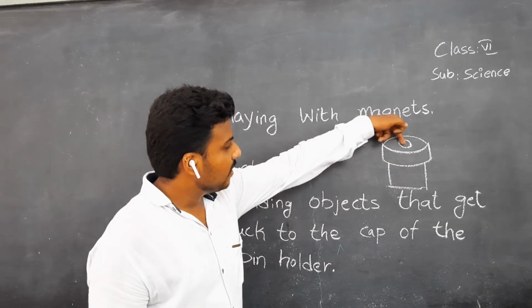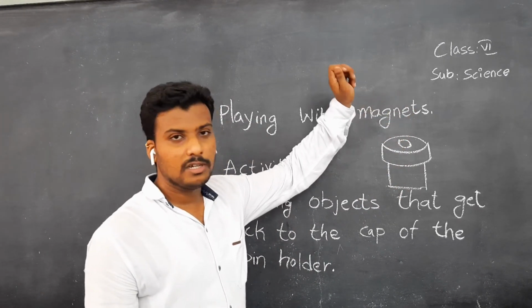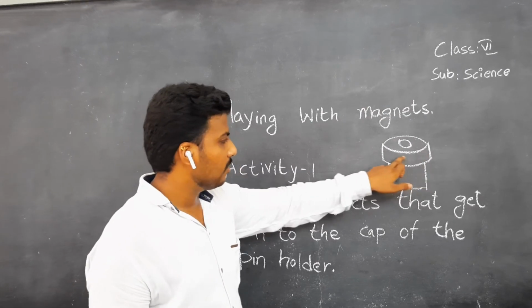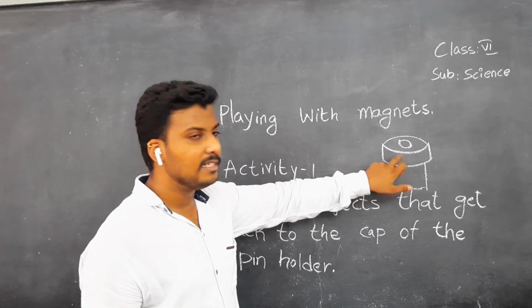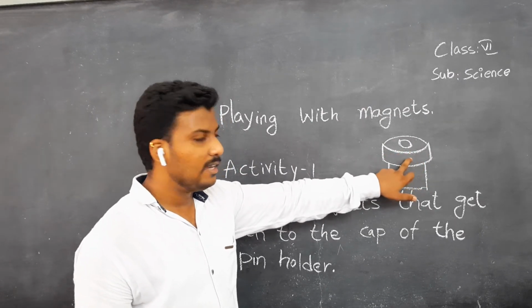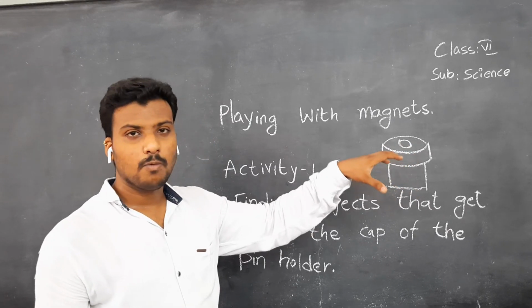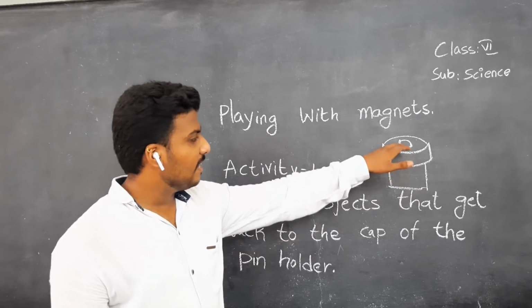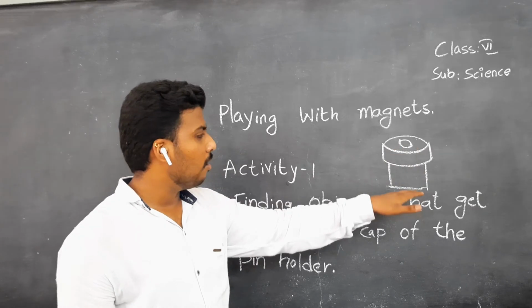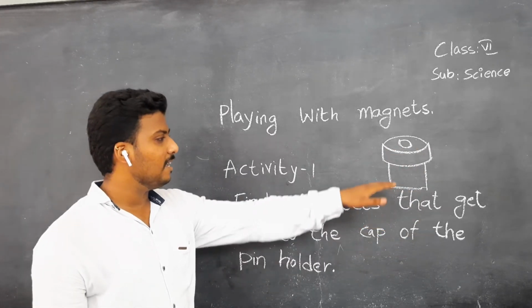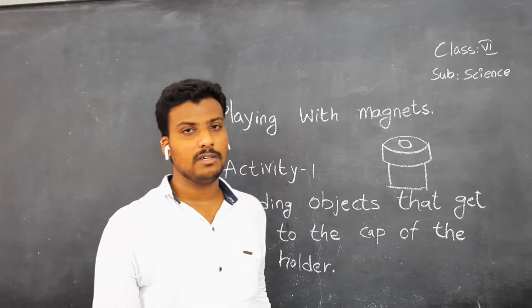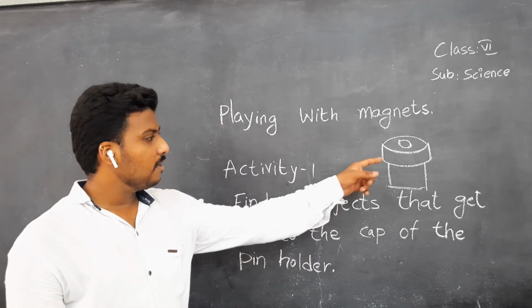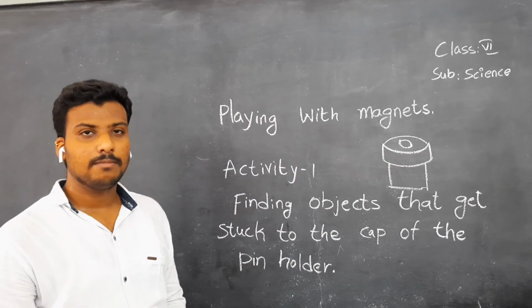See, insert any object through this hole, children. Here there is a part called a magnet present in this area, children. This magnet makes the magnetic objects get stuck to it. The remaining non-magnetic objects like an eraser fall into this pin holder, children. This is the reason a magnet is present, children.